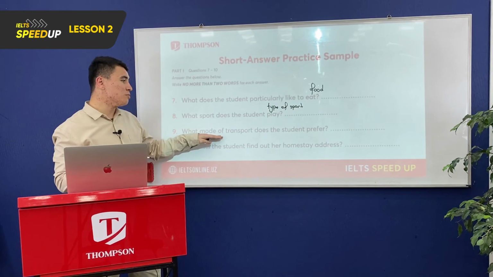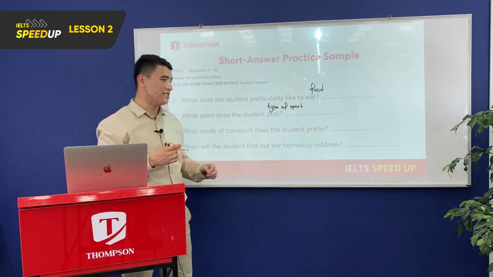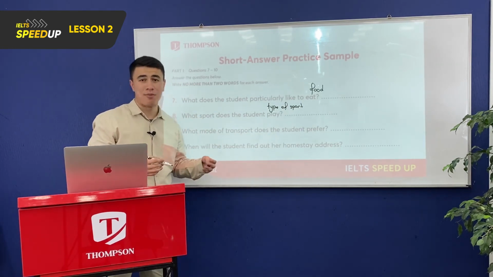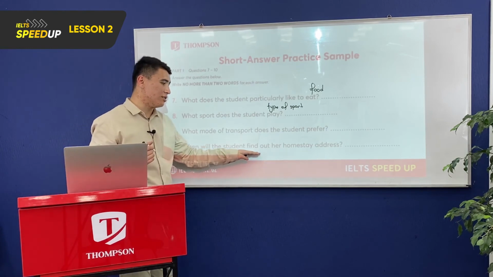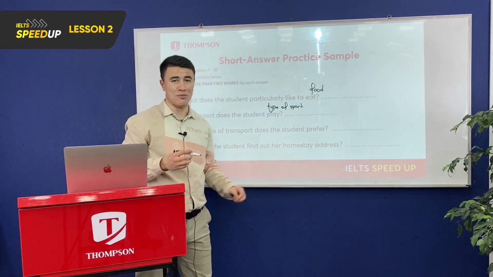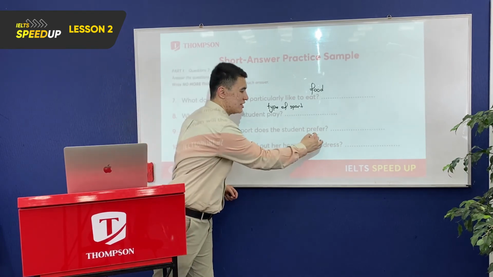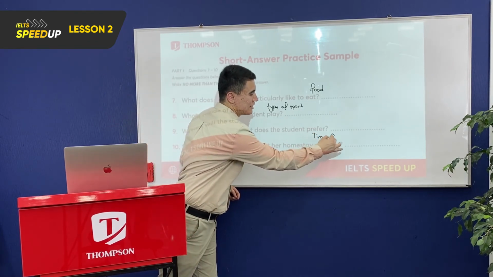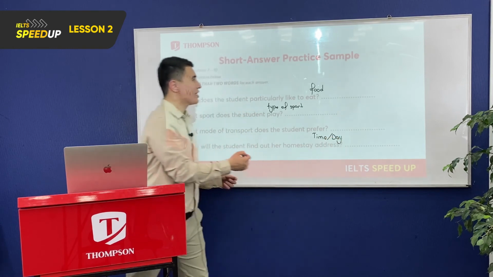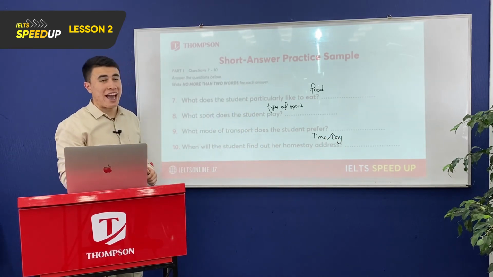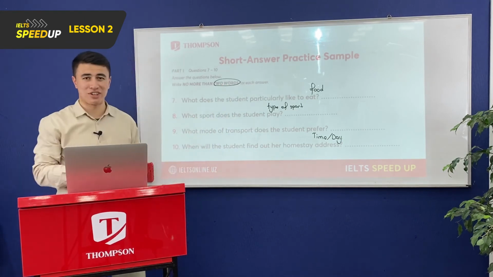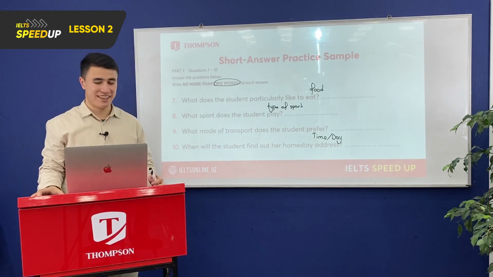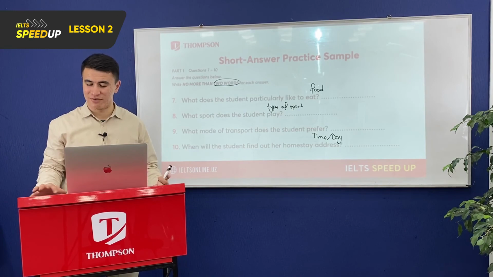And what mode of transport does the student prefer? So the type of transportation. And the last one, when will the student find out her homestay address, so time or day. So here we have instructions that no more than 2 words are allowed. Let's start the practice.